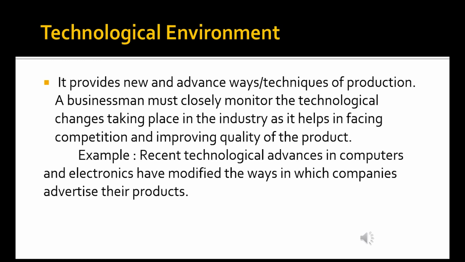Empirical examples are given. Read it, understand it, and see the examples correctly. Questions can be asked like which type of environment is influencing the business environment. Okay, that way also take into consideration the activity on pages 80 and 81.